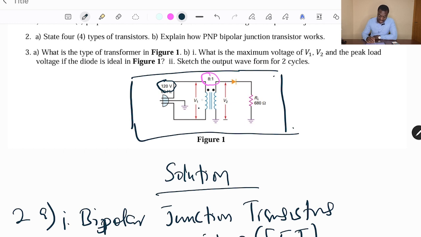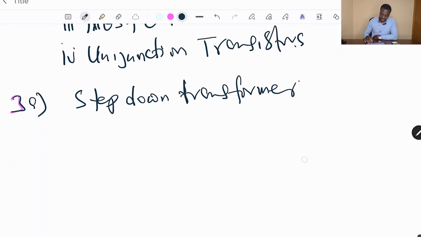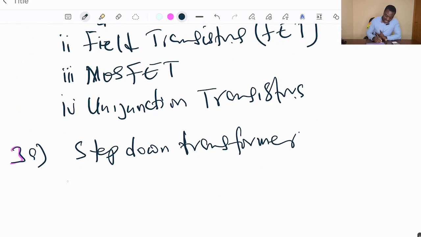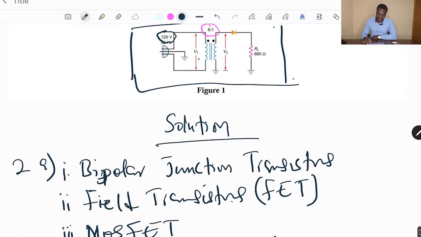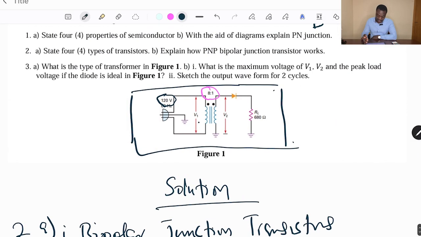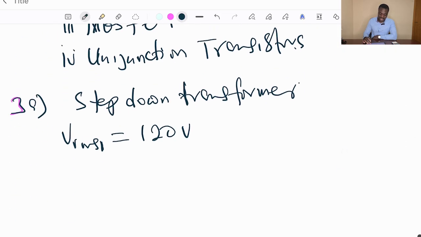So the 120 here represents the root mean square value. So we can write our root mean square value is equal to 120 volts for V1. Once we have the root mean square value for a voltage, we can calculate the maximum voltage for that particular voltage.